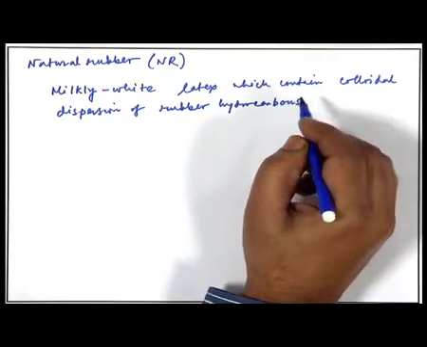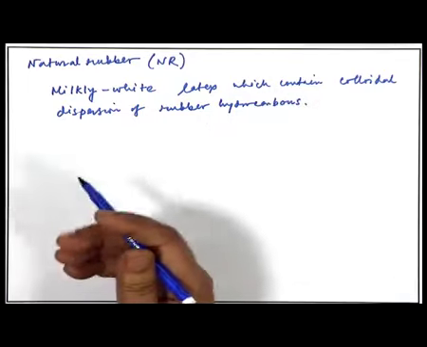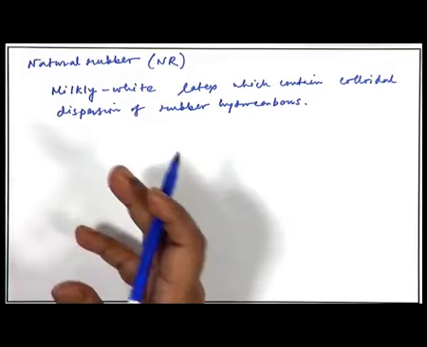This is obtained from the bark of the rubber tree. If you have visited Kerala, you have probably seen the rubber trees, and from the bark you can get this milky white liquid coming out. Rubber trees are abundant in the Southeast Asia region like India, Sri Lanka, Indonesia, Malaysia, or in South America.